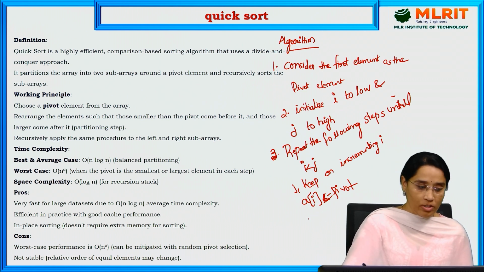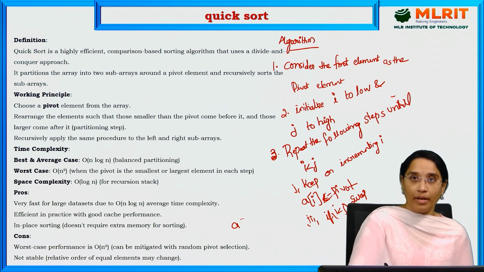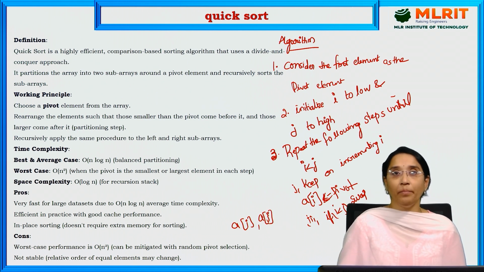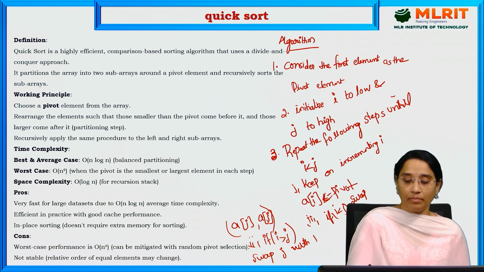In this condition, if i is less than j, swap a of i and a of j. What happens if i is greater than j? If i is greater than j, then swap j with the pivot.